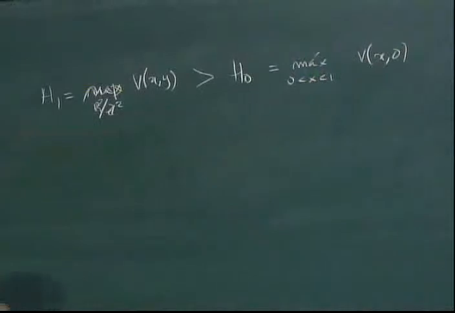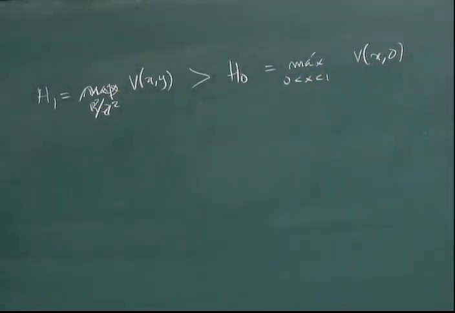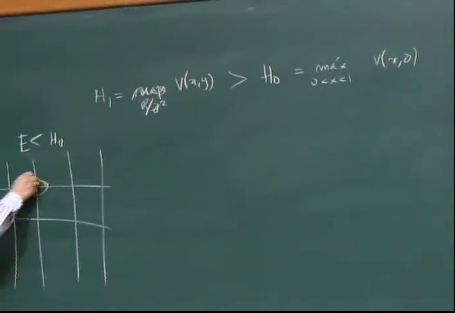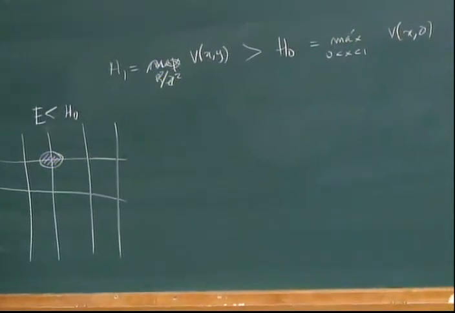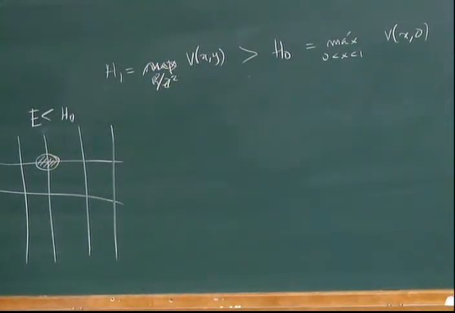Now, if the energy E is smaller than H0, what you have is the following. You have your lattice, and the particles are confined to neighborhoods of the singular points. So the motion is bounded, but the particles make some kind of crazy dynamics, always going into collisions or quasi-collisions with the singular points in the lattice.